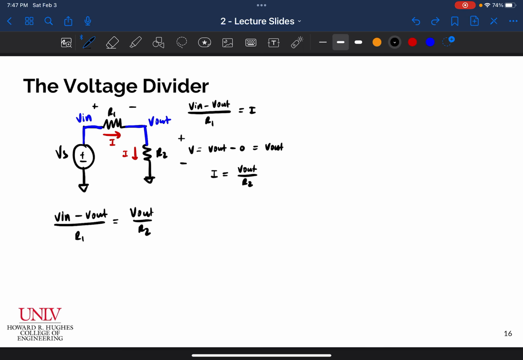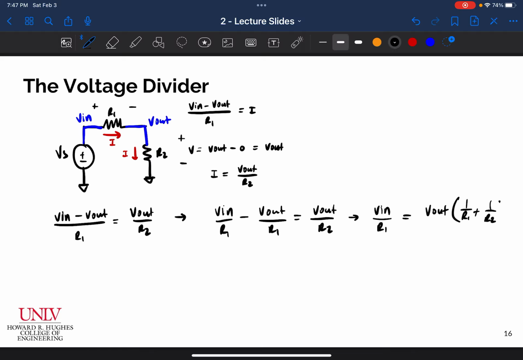So what I first need to do is get the expressions so that I can separate the V outs onto one side and the V in onto the other side. So let's rewrite this as V in over R1 minus V out over R1 equals V out over R2. And so then I can add V out over R1 to the other side. That would give me V in over R1 equals V out times 1 over R1 plus 1 over R2.